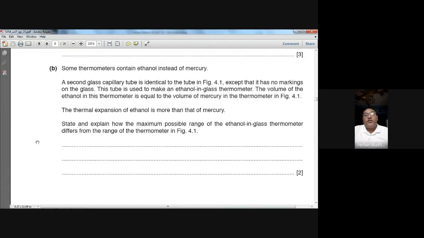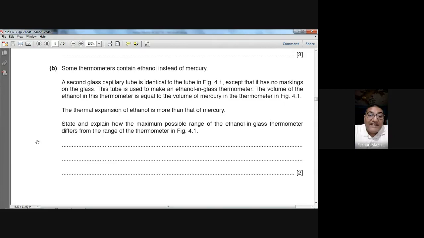in figure 4.1. Okay, so we have a second thermometer, and it is exactly the same: its size, its length, the bore of the capillary, the size of the bulb are the same as those of the first thermometer. There is one difference. It is filled with ethanol. The amount of ethanol in the second thermometer and the amount of mercury in the first thermometer are also equal to each other.